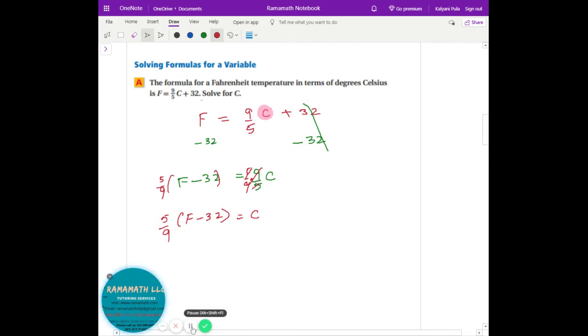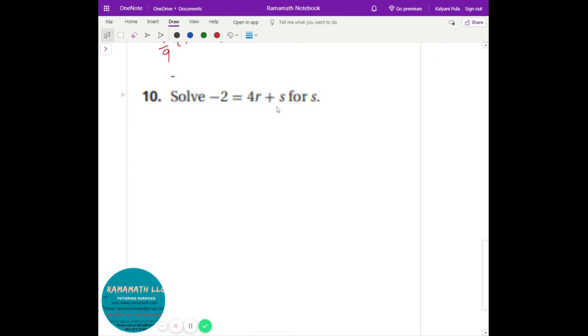Okay, makes sense? Alright, let's check this one. This one says negative 2 equals 4r plus s. So in this one, you're solving for s. You want to leave this alone, and the extra is 4r. So that's what you need to take away.